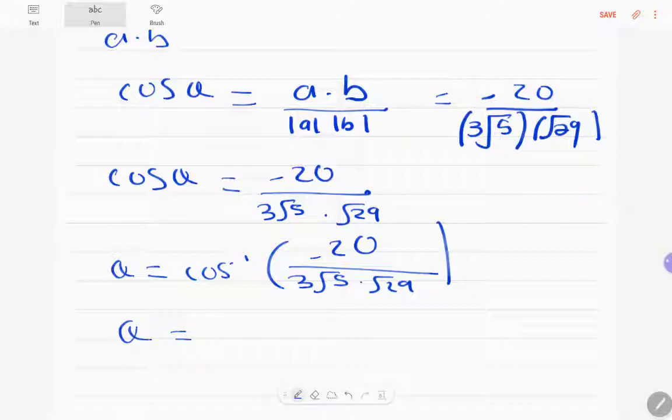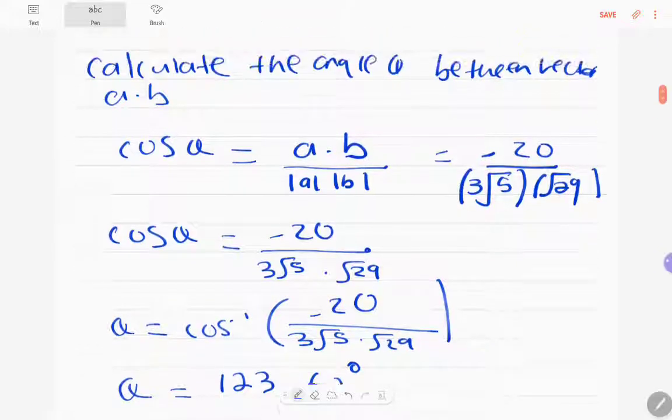Then you find your answer. Our answer is 123.62 degrees. So this is how we find the angle.